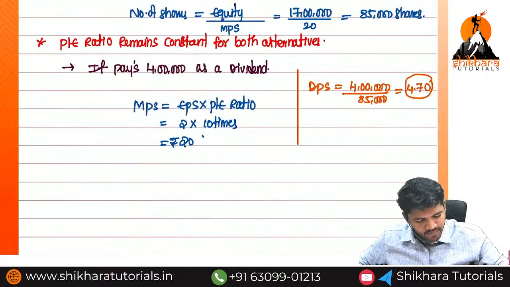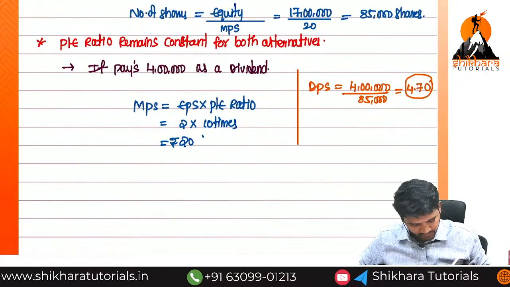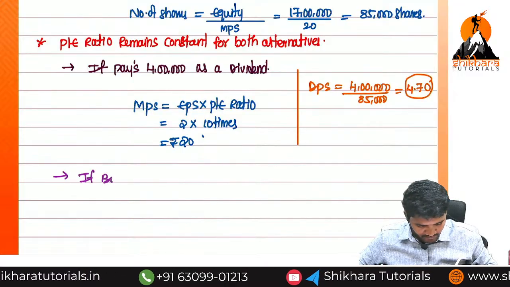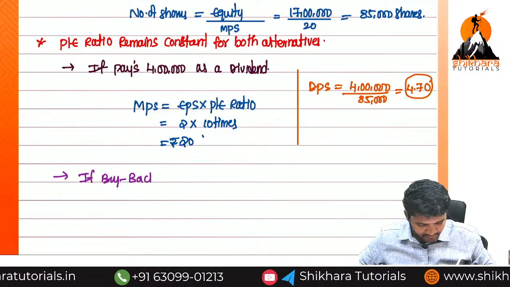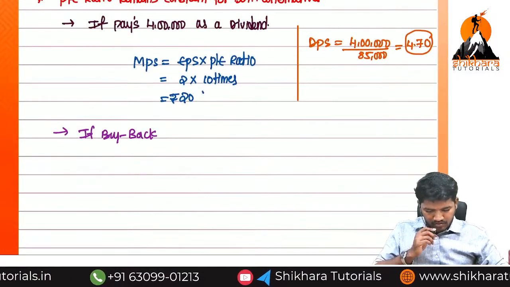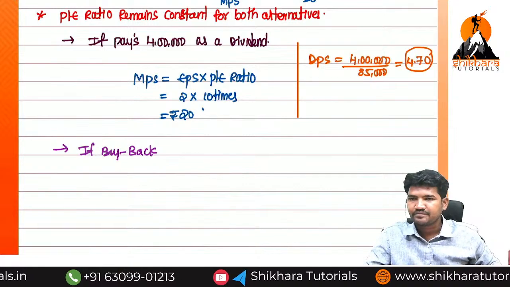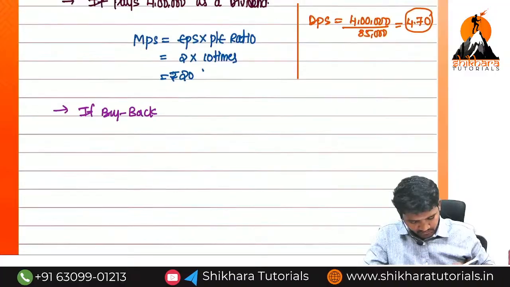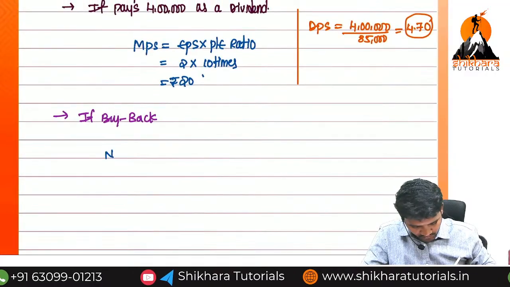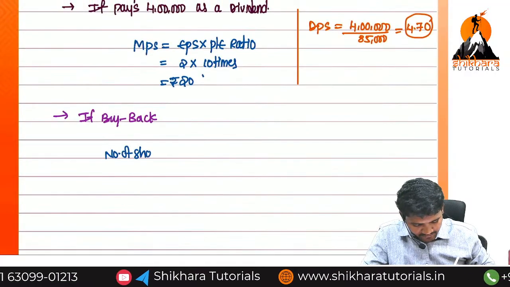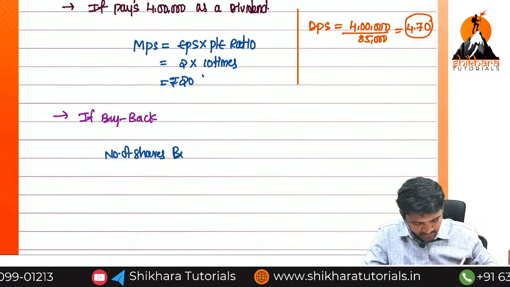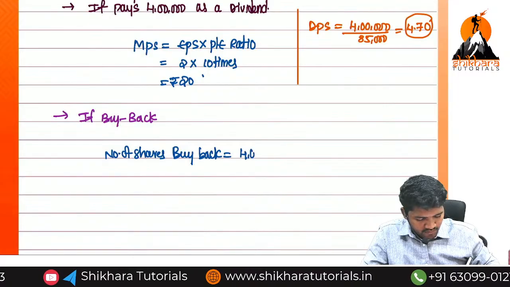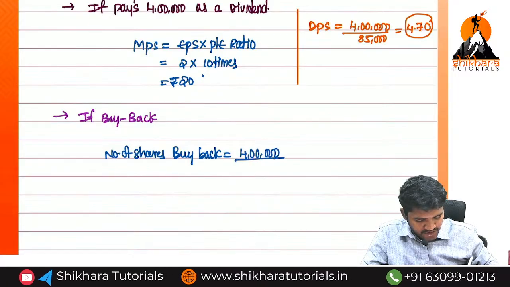So second scenario, please. If buyback, a lot of things will change. Are you clear? Now, number of shares bought back: the amount of buyback is 4 lakhs, per share is 20 rupees.